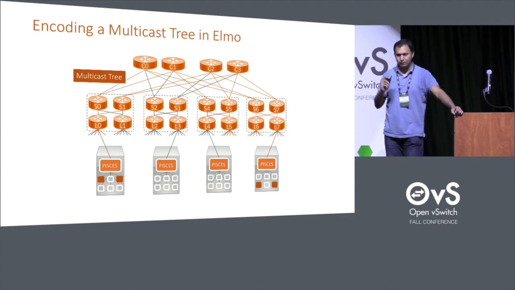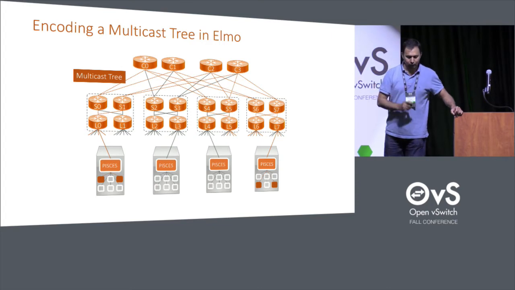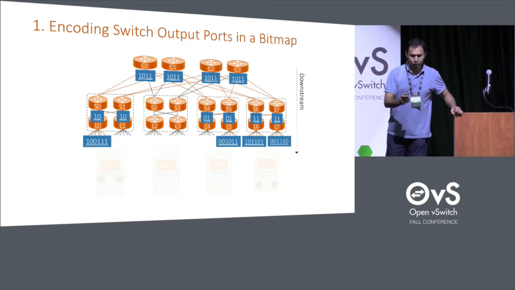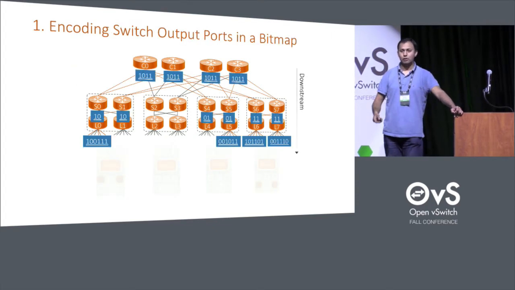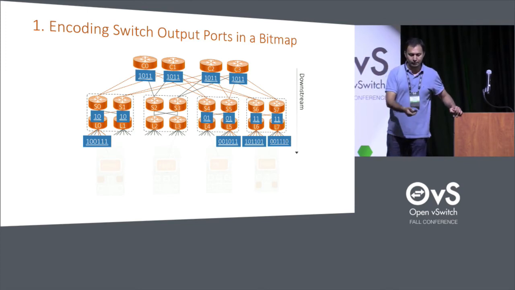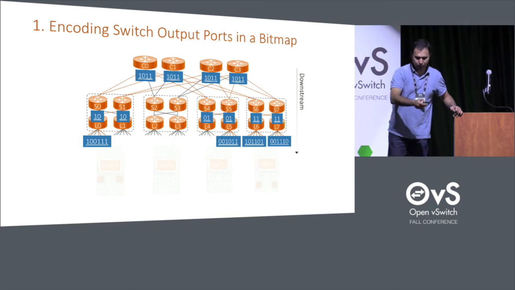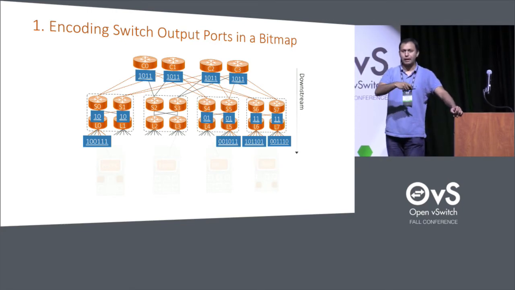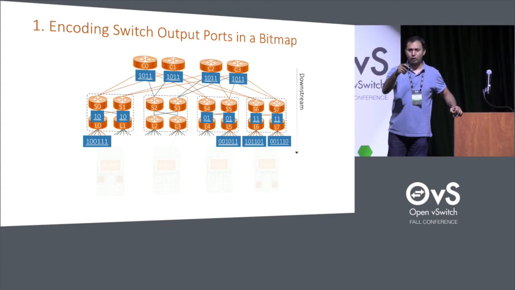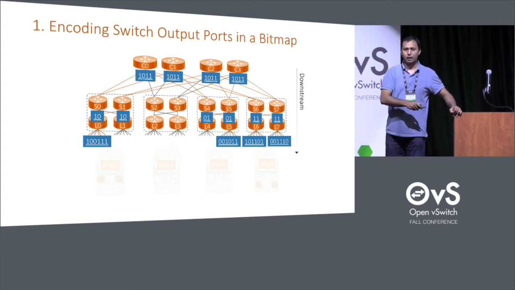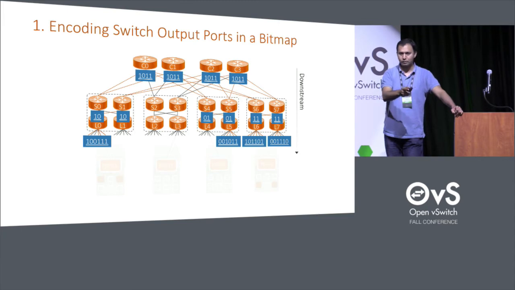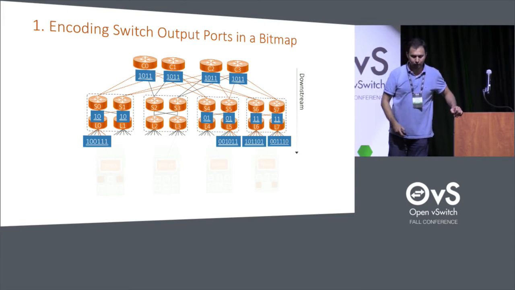So moving on with the first design decision, what we do is we encode all the downstream ports of these network switches using a bitmap. So what it tells us, if you look at the core switch at the top left, 1011 means that if any packet comes to this core for a particular group, it will go out to these three ports that are defined by 1 in the bitmap.